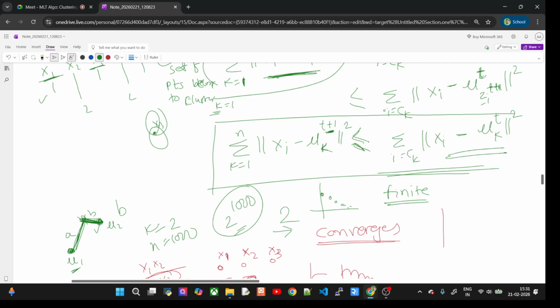It is not going to x1 to x3 in the same box with the same combination, which means it has converged. These are finite, like 2 raised to 10,000, not infinite. So this is how this algorithm converges.